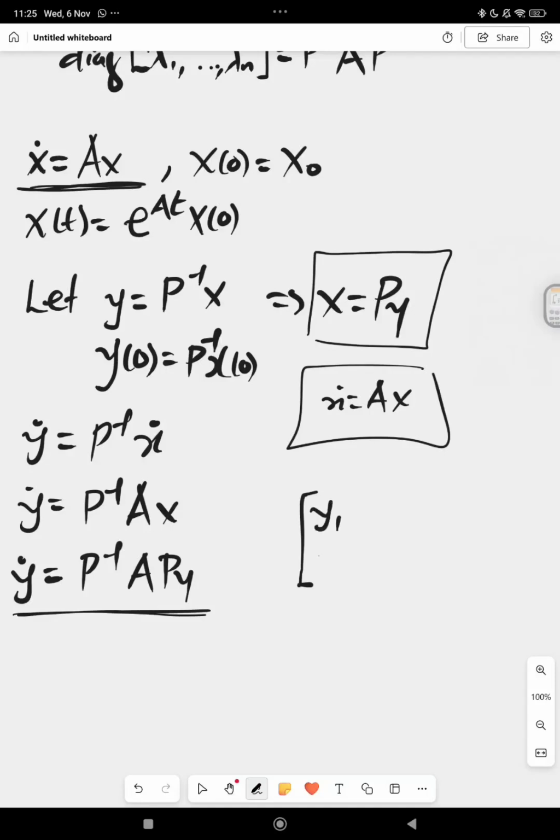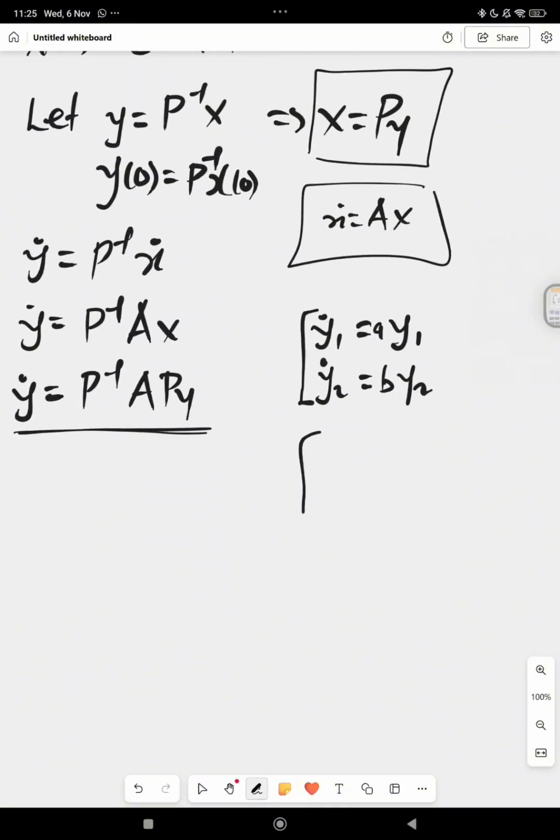So if we have y1 and y2, their first differential, let's say, is ay1 and by2. This expression has only one variable, whilst the first expression, x1 dot, x2 dot, could have ax1 plus bx2, and this one could have cx1 plus dx2.